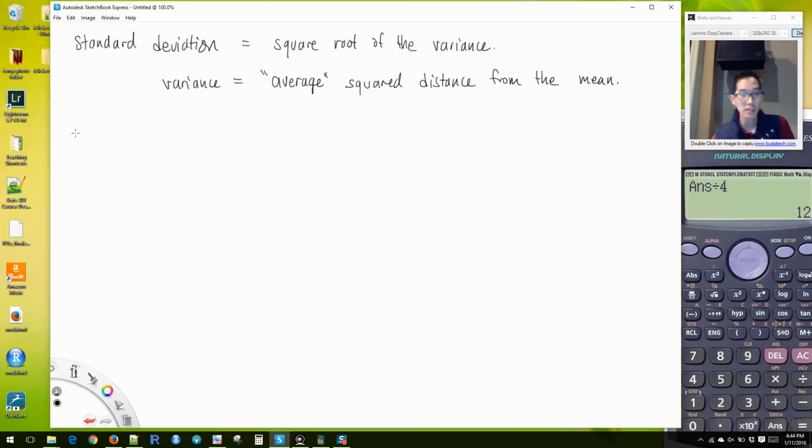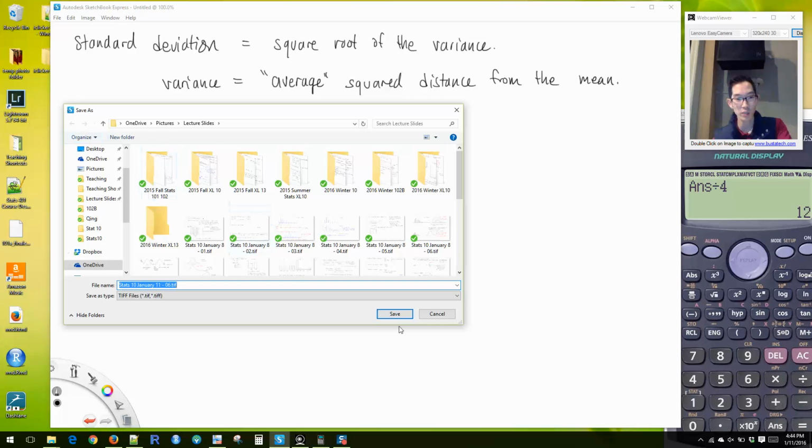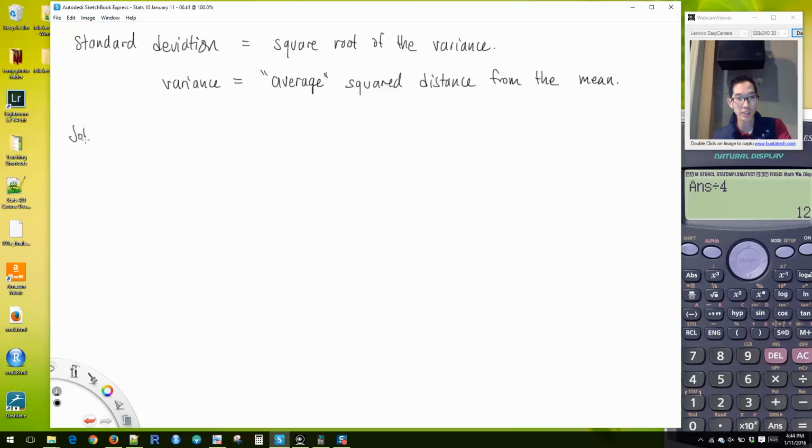So let's look at the Johnson family ages. I already forgot, what were their ages? 14, 13, 11, and 10? Okay, so we established that the mean is equal to 12, right?